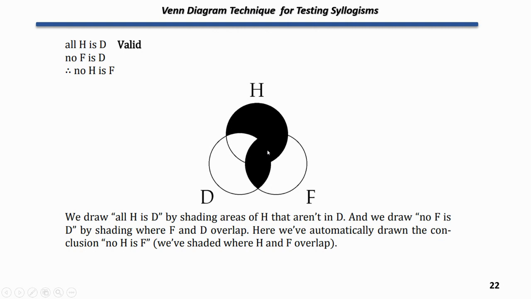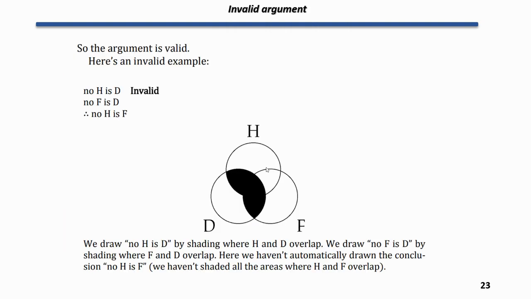So it means no H is F, right? Because that is already shaded between H and F. So this is the first point, and the argument is valid.